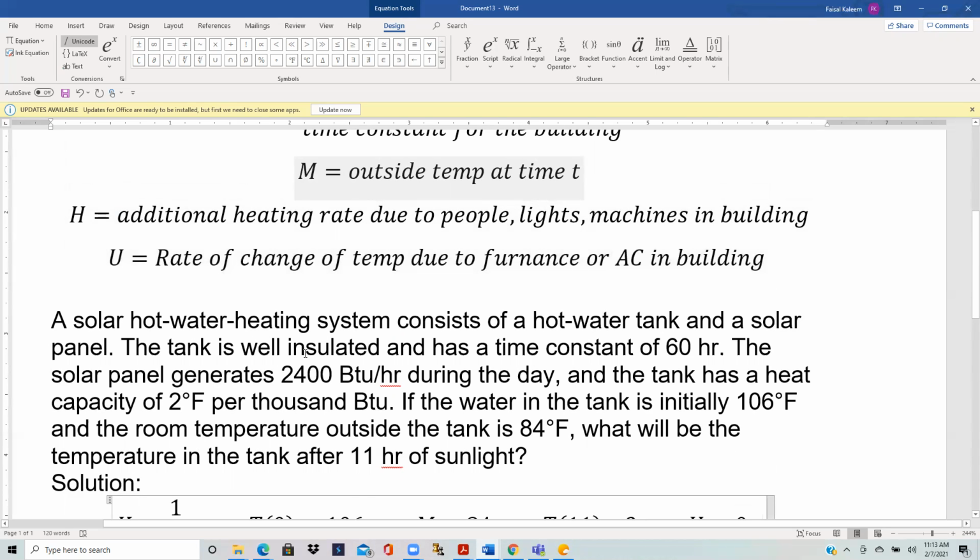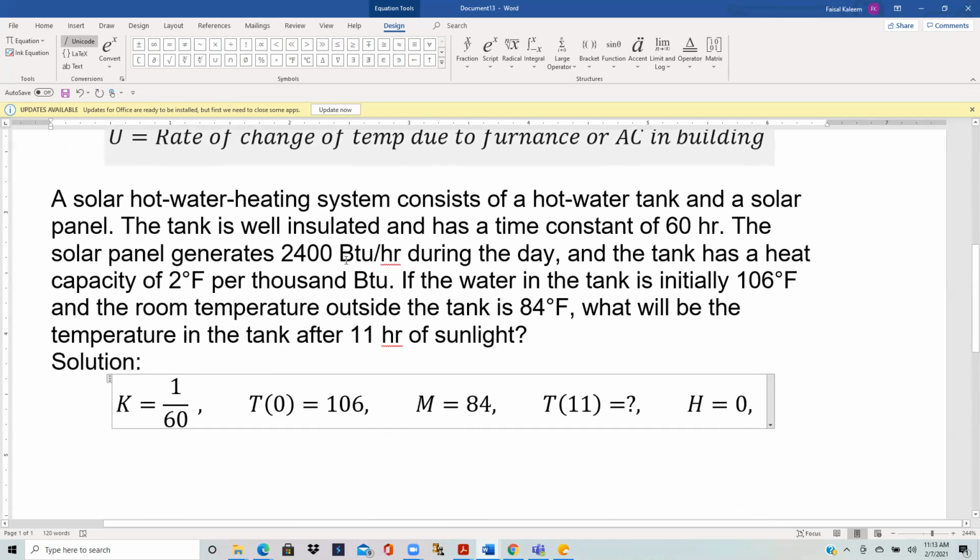So in this case, it's the solar panel that is acting like the furnace, and the rate of change of temperature will be the temperature unit divided by the time unit. So you should have Fahrenheit per hour. Now, we don't have anything given in Fahrenheit per hour. We are given the solar panel generates 2400 BTU per hour, and the tank capacity is 2 Fahrenheit per BTU. But if you multiply these two quantities and the units get multiplied, you will see that you do get Fahrenheit per hour. So let's do that.